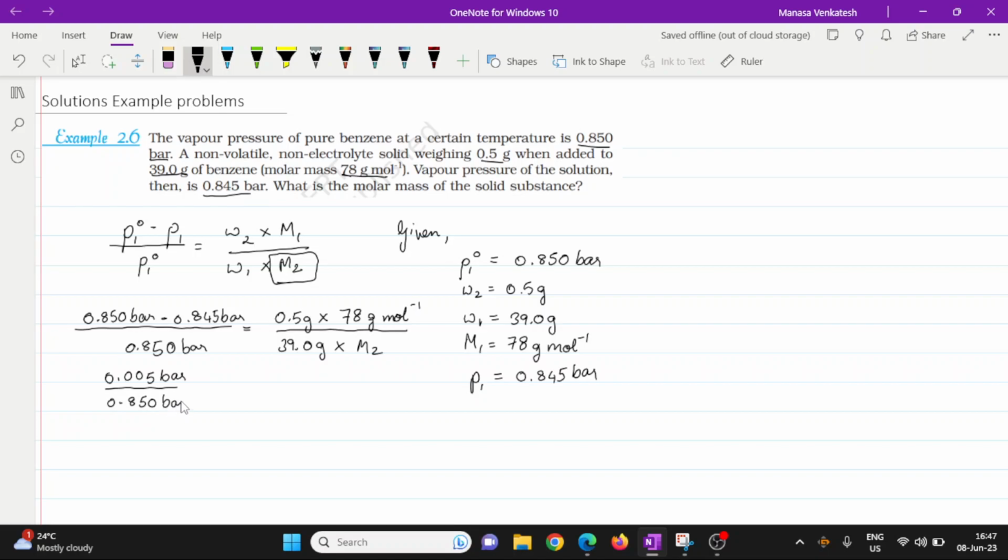divided by 0.850 bar, and this is equal to, since this is all multiplication, we can just cancel the grams in the numerator and the denominator for these two.